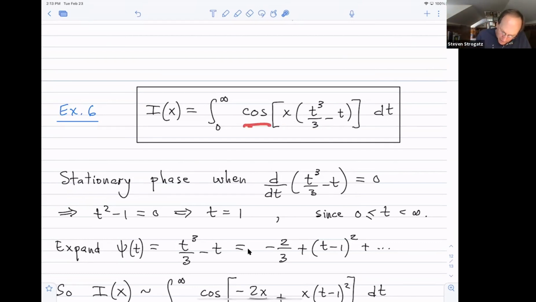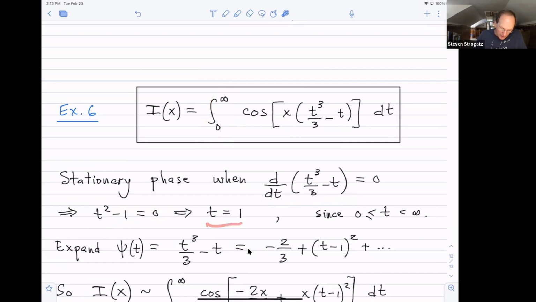Here I've got cosine of something that's rapidly, that's large. I've got that phase term, stationary phase when d/dt of that argument is 0. So that's when t squared minus 1 is 0, which the only point of interest is t equals plus 1. t equals minus 1 would be outside the range of integration.